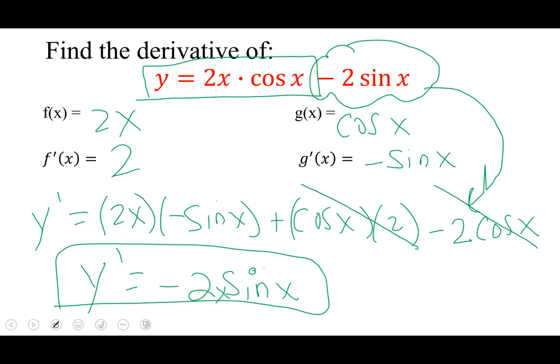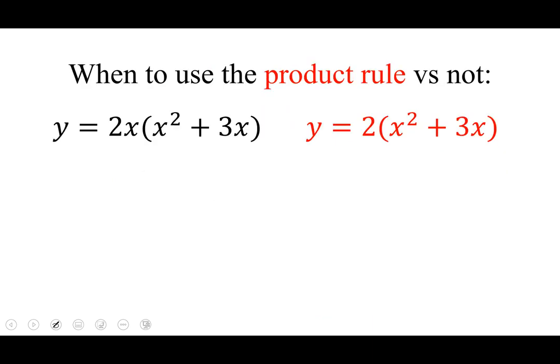If you're wondering why we use the product rule for the first part, but not the second part, I'm going to go ahead and give you just a little description. When do you use the product rule versus when don't you use the product rule? So if you take a look at these two problems, the left one in black and the right one in red, they do obviously look quite similar, but the biggest reason why you would use the product rule on the left is because this is a 2x.